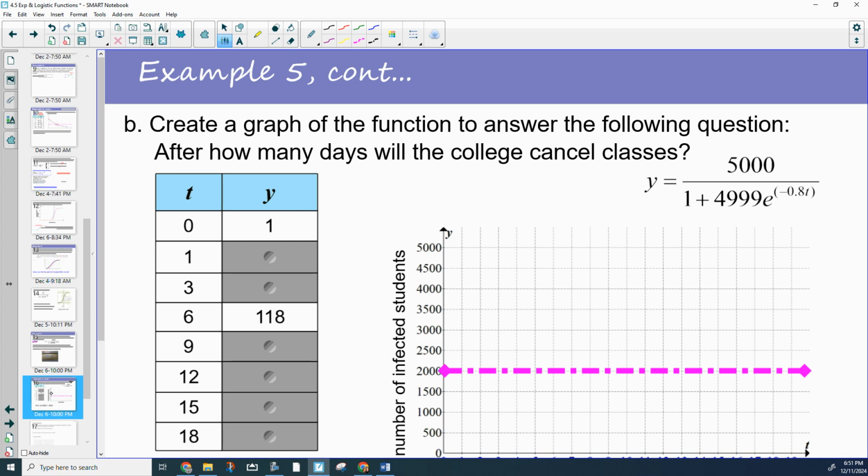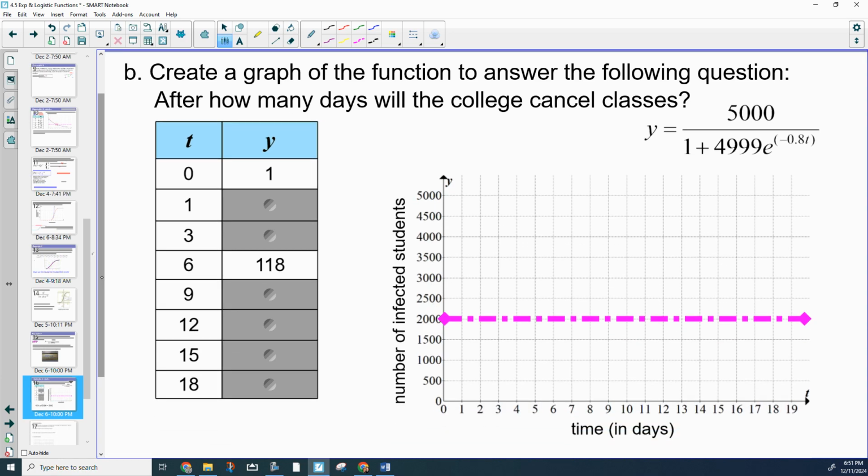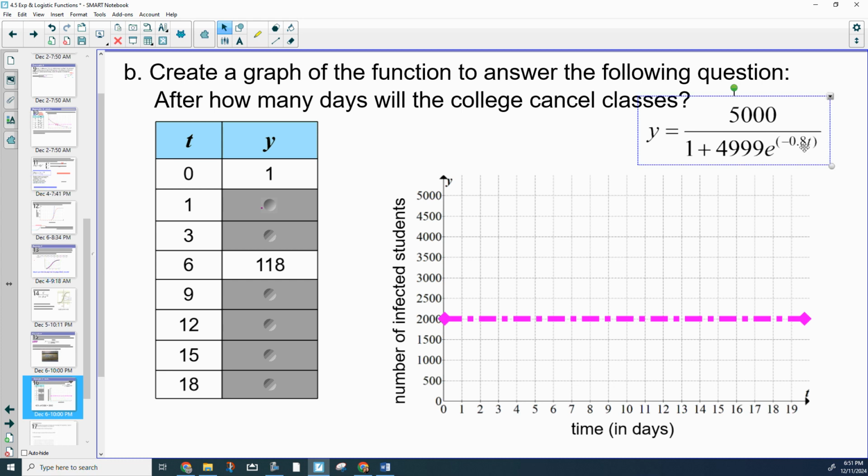So we go through and calculate. So again, the first calculation we would do, we don't need to do the 0. We know that one person brought it. But then after 1 day, we would take the t and we would put in 1.